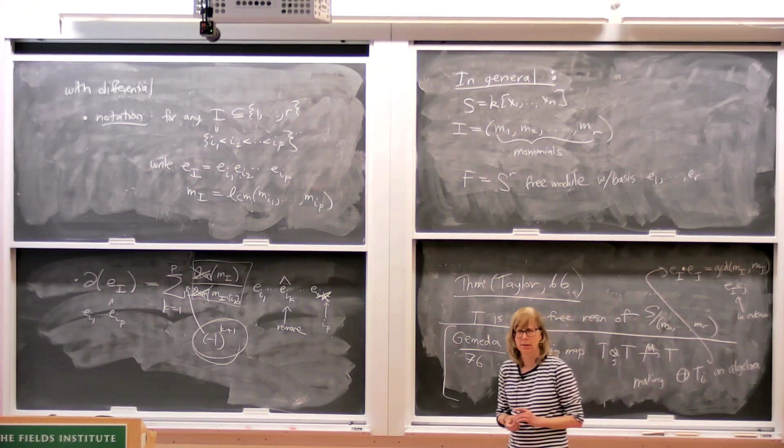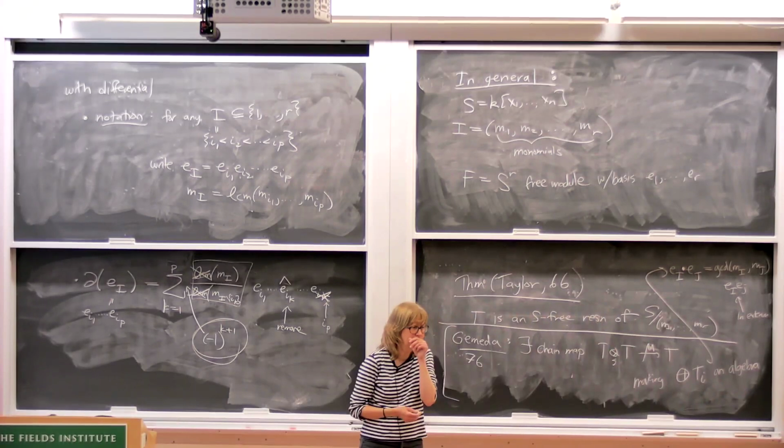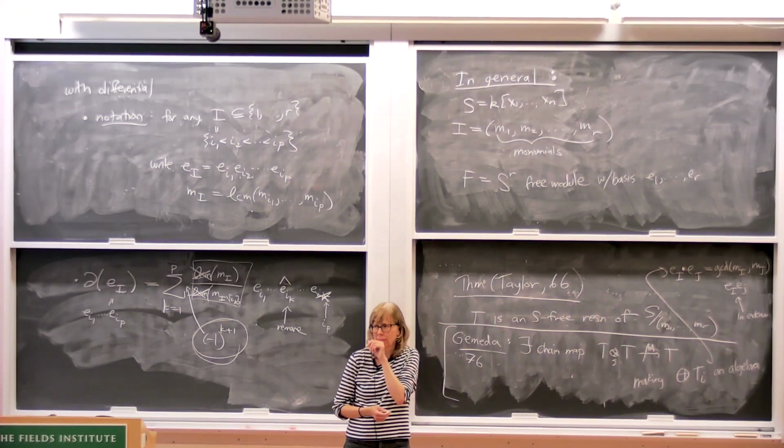I can't think of what to say right now. Yeah, it just becomes the Koszul complex then. But I don't know if their LCMs are different. If they're not a regular sequence, that's kind of a problem. It's not going to be exact.